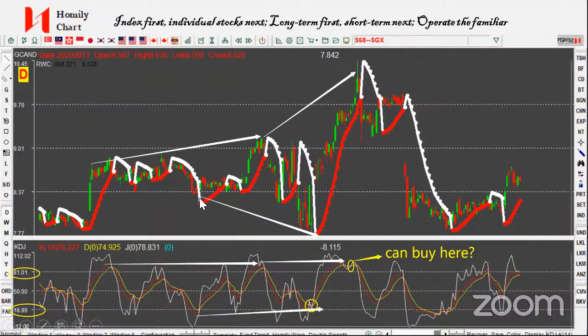And then can you see the low point here for this low and this low? The low point from here to here becomes lower and lower, right? And for our KDJ, the K line here, the low point is slightly higher. So this is the bullish divergence.